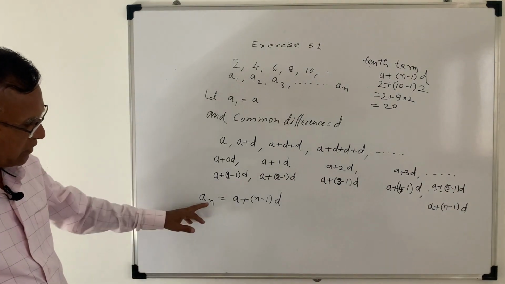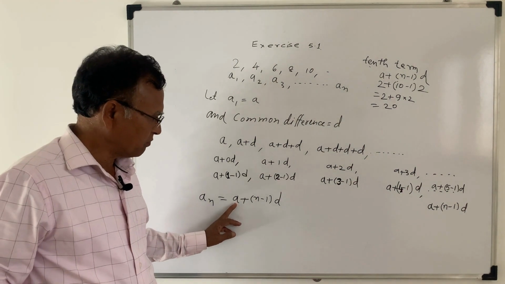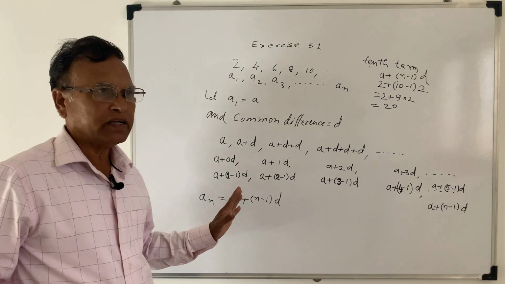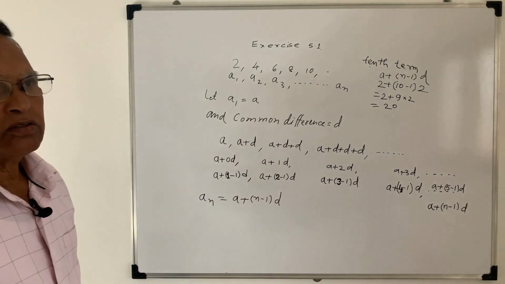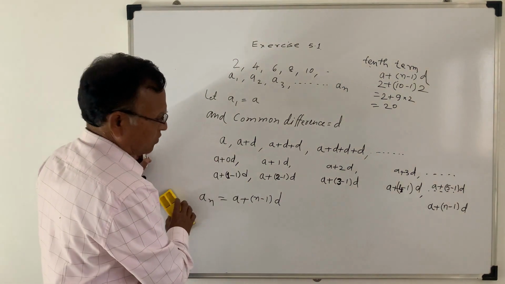So to find n term, you should know the first term, number of terms and d. You can find out any terms of the arithmetic progression. Okay.